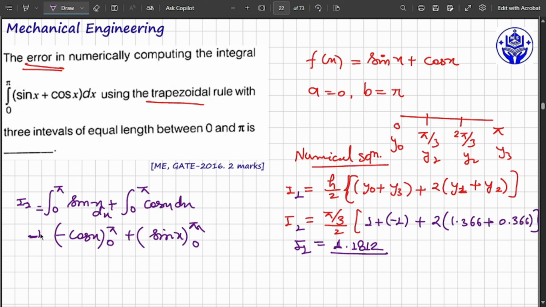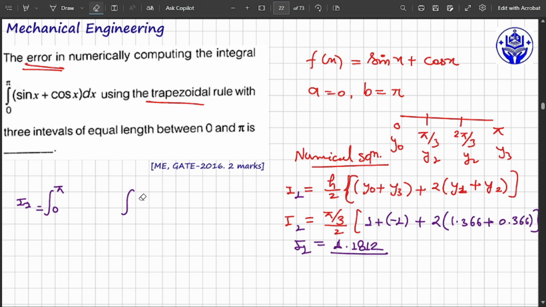If I calculate directly from 0 to pi, it will not give me the exact solution. I will have to break it, because there is a singularity in this case. So you will have to calculate the integration in this way, otherwise it will give the wrong answer.